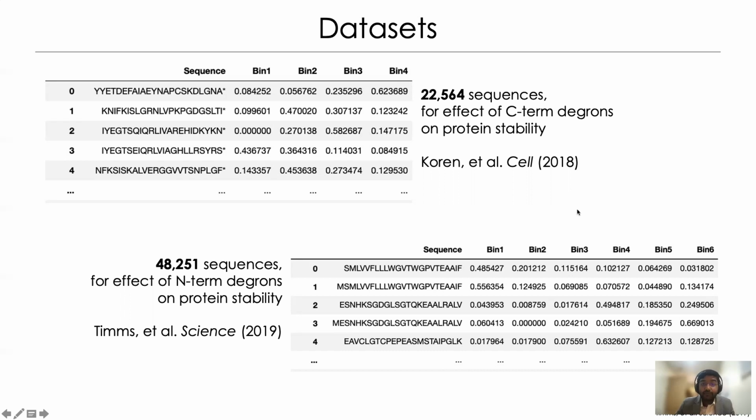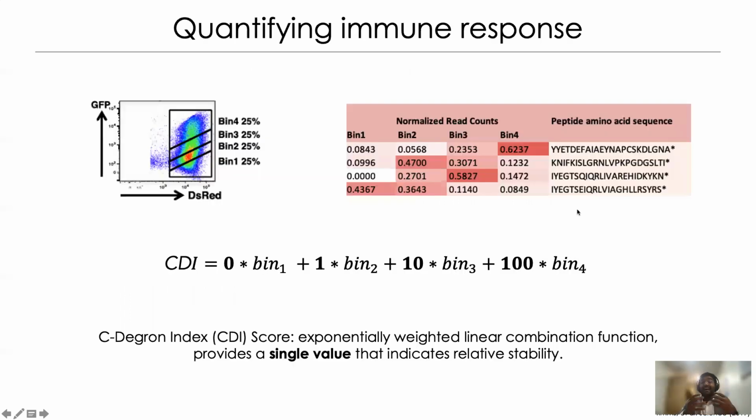So what we did is move into trying to get a single number, a CDI, a C Degron Index score, where we take all these probabilities. Let's say peptide YY until NA is present in all of the bins, with a high probability of 0.62 in bin 4, which, as the assay suggests, is a very stable protein.